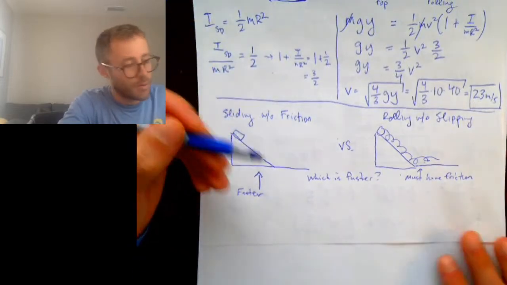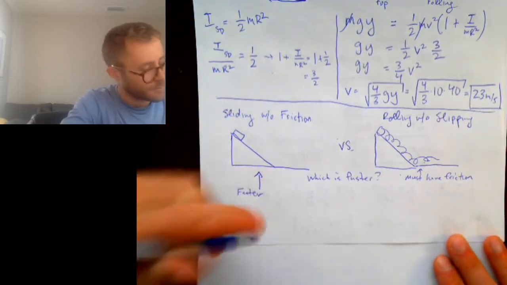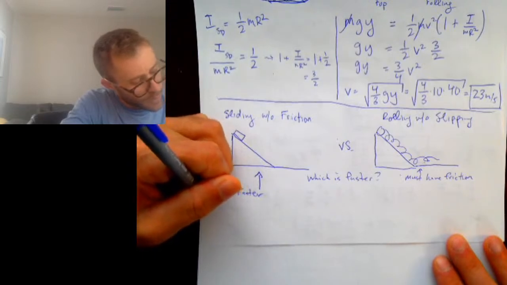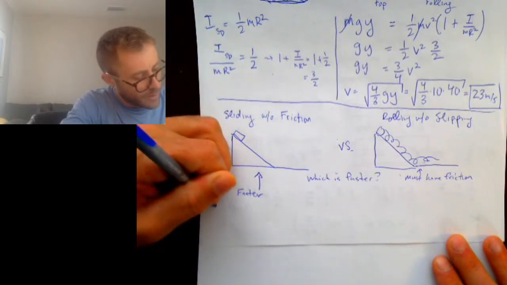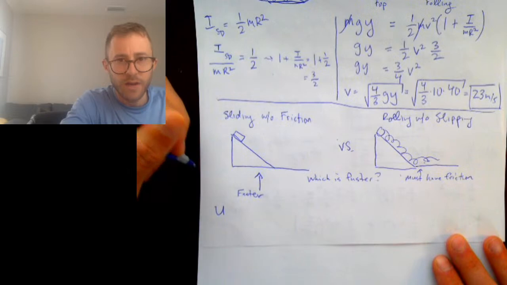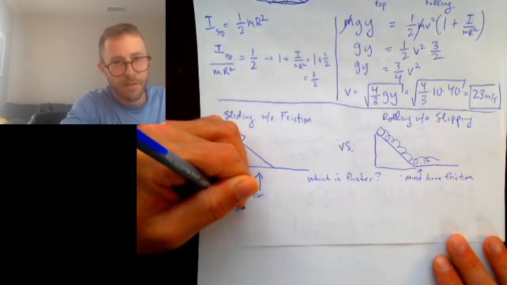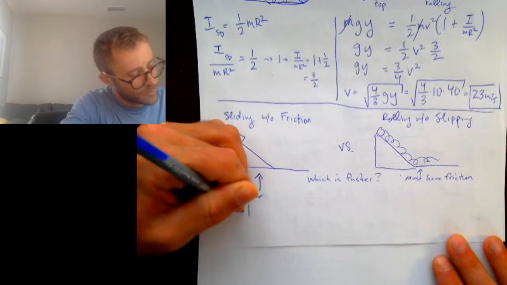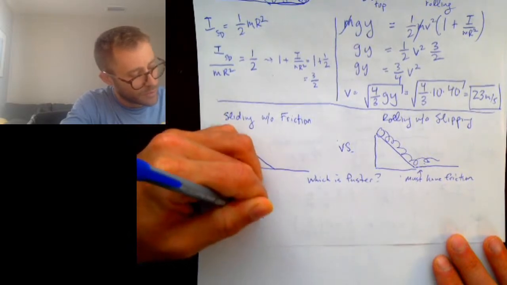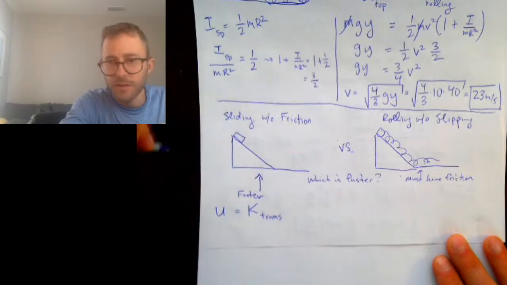Another way you can think about it is if you look at the energy. Here we have gravitational potential energy becomes translational kinetic energy.